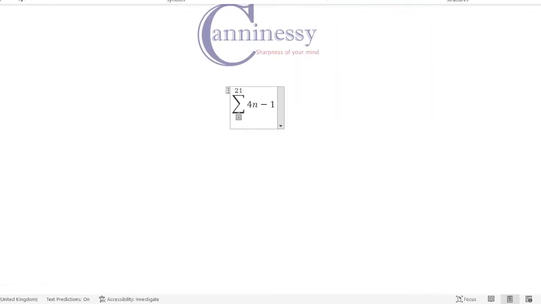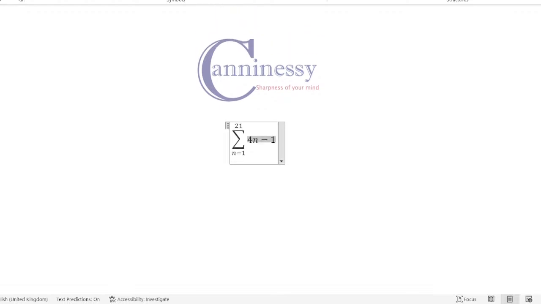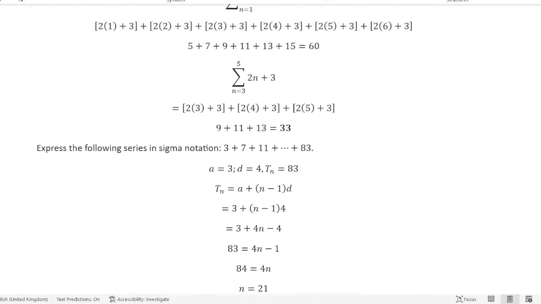So n is equal to 1. All right. Let's prove if we are correct. Let's substitute 1 here. So if you substitute 1 here, it's going to be 4 multiplied by 1, which is equal to 4. Then 4 minus 1 is 3. What was our first term? Our first term was 3.